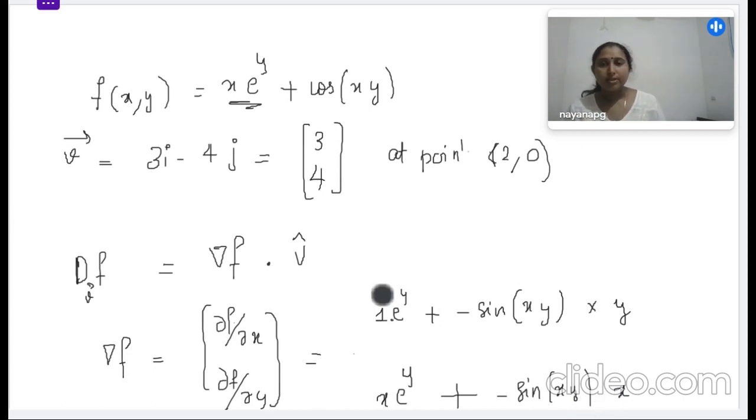So this is the gradient vector, and we need to apply the point (2, 0) there.